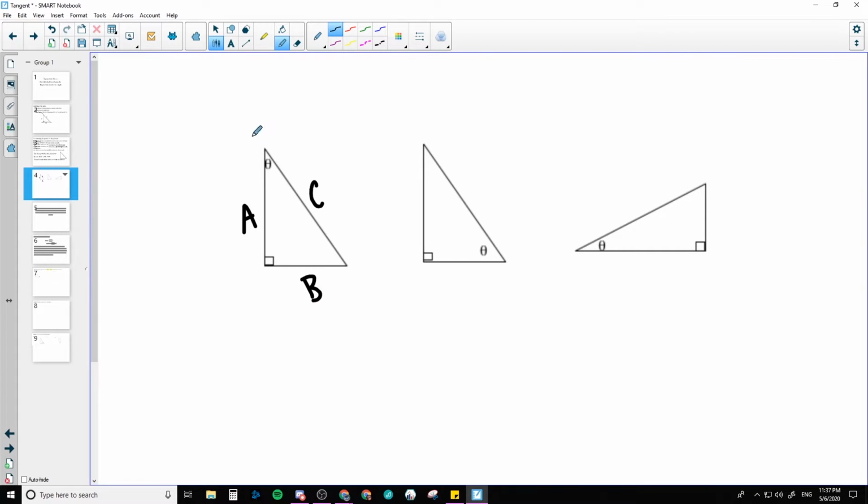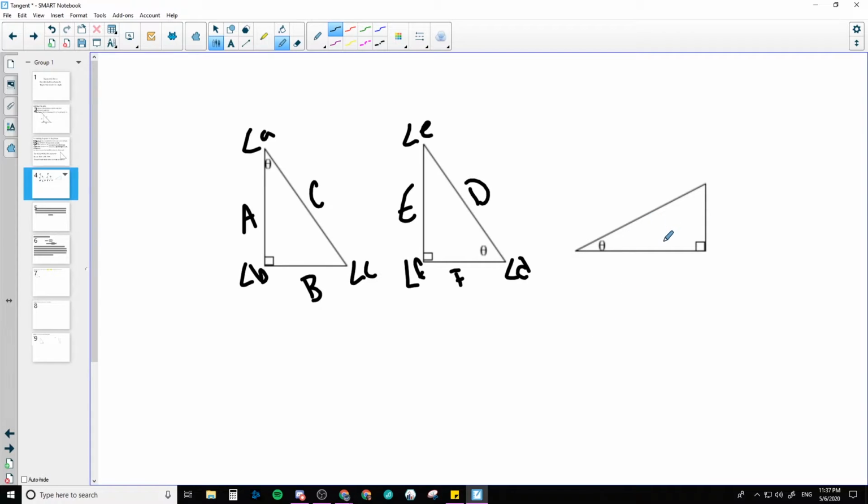And then angle A, angle B, and angle C. Let's say we were going to do one with D, E, and F. We can do that. It's all the same. It doesn't really matter.